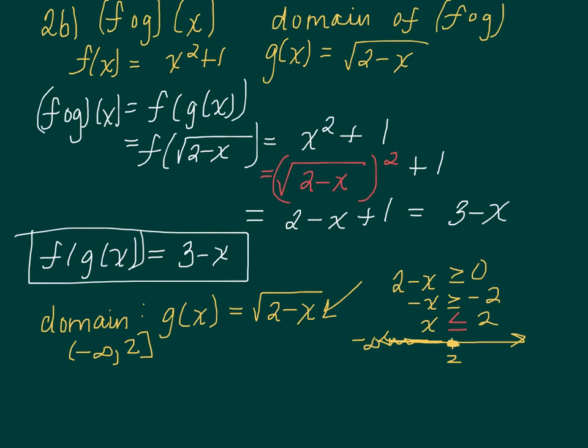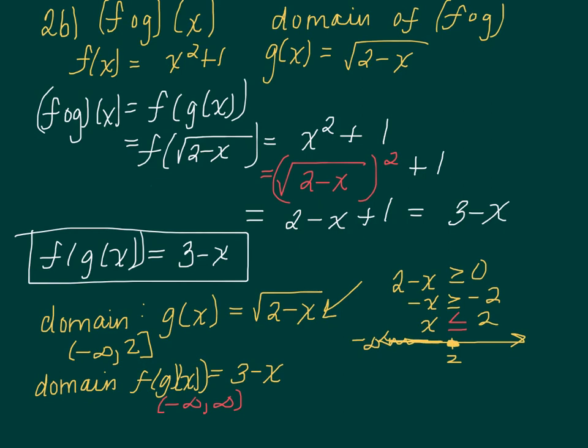So 2 is included. And then the domain of our final answer, which was f of g of x, which is 3 minus x. Okay, do you see any square roots? No. Do you see any fractions? No. So this domain would be negative infinity to positive infinity. So now I have to figure out of these two domains, which domain would basically take care of both functions.